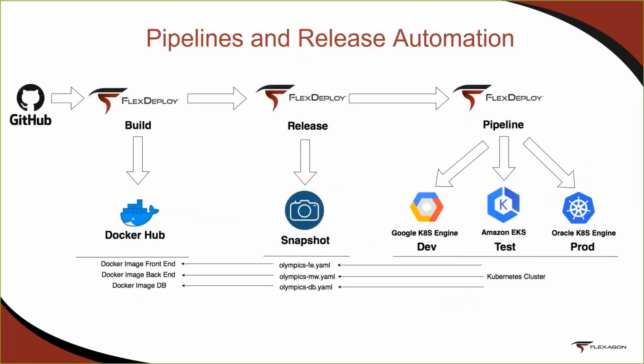So hopefully that gives you a sense, whether you are familiar with Flex Deploy or not, of at least some of the foundational aspects of how we're going to support the build and deploy process.